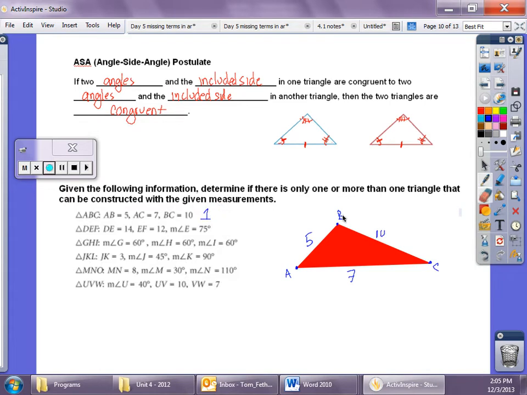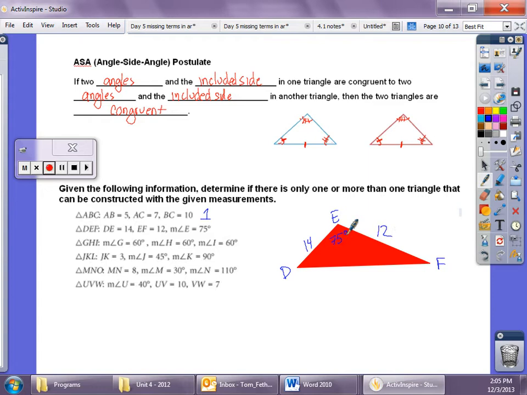So now it says triangle DEF. DE is 14, EF is 12, and angle E is 75 degrees.